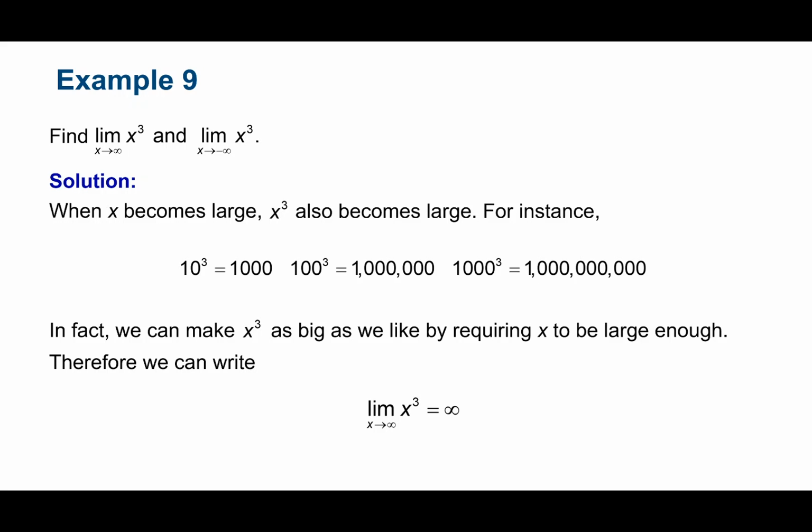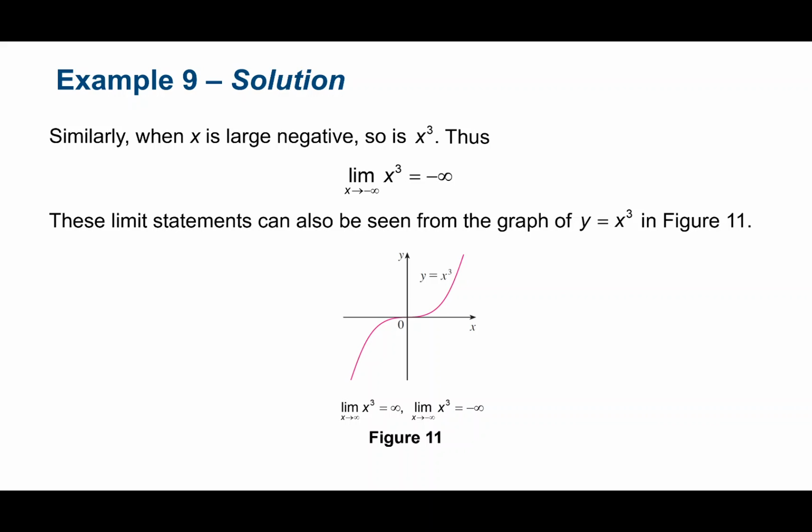And then similar on the other side, if we're using negative values, the difference there will be our signs. So if we do -1 cubed, we get -1. And so we're going to have negatives, but the magnitude of our number gets bigger and bigger.